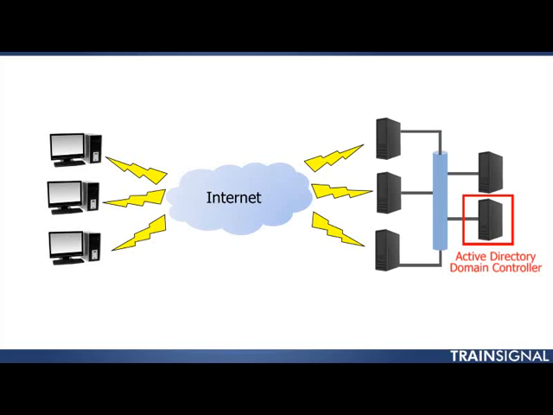In other words, when a user tries to log in remotely, they're going to have to give their credentials, and those credentials will be passed from the remote access servers, aka RADIUS clients, over to the RADIUS server. Then the RADIUS server will communicate with the Active Directory domain controller to make sure those are the correct credentials.